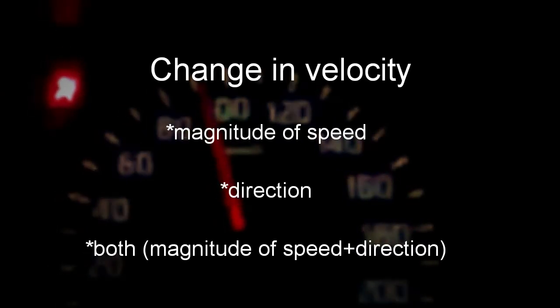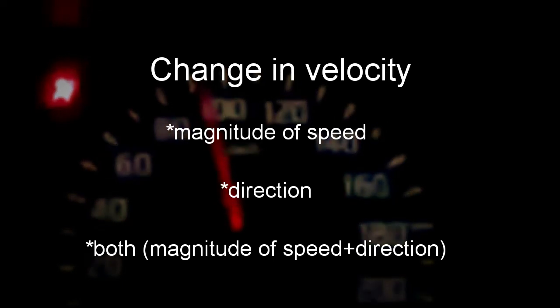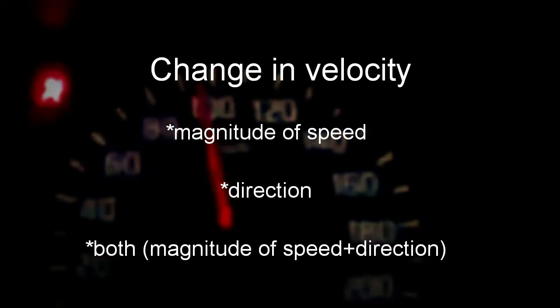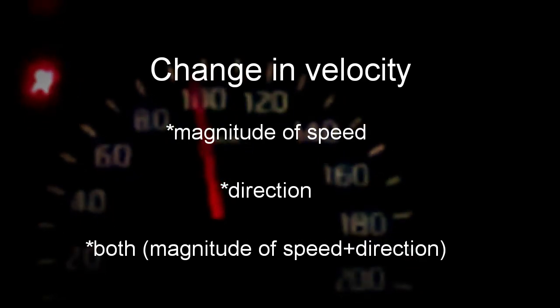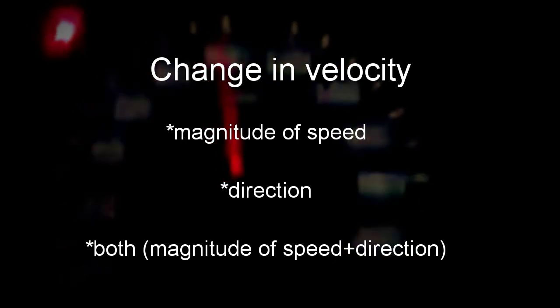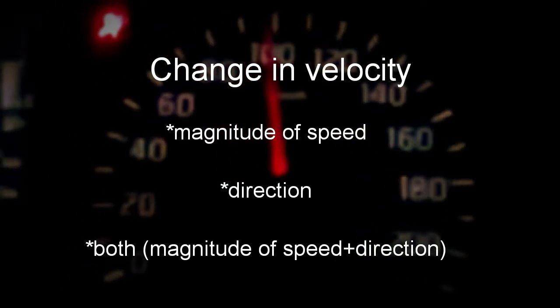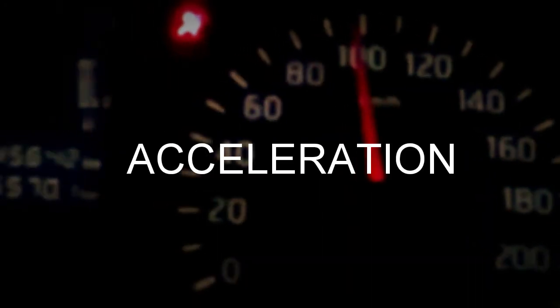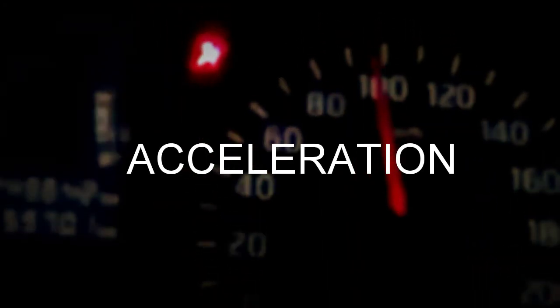A velocity change happens when the magnitude of the speed, direction or both changes. Here, because of the change in speed, there happens a change in velocity. So to measure that change in velocity within a particular time, we use a physical quantity called acceleration.